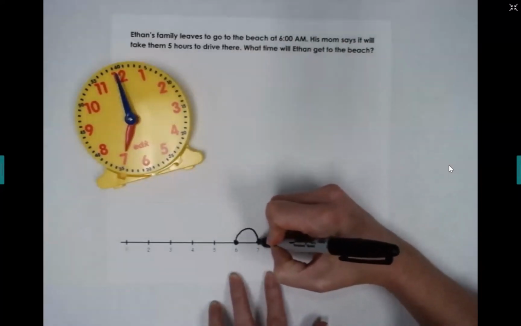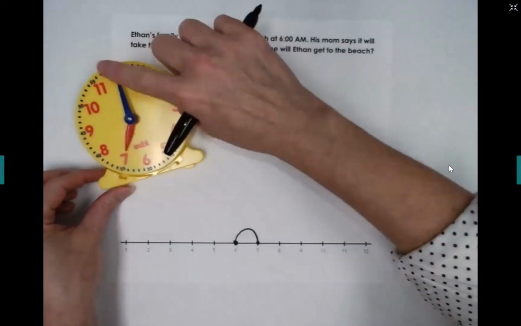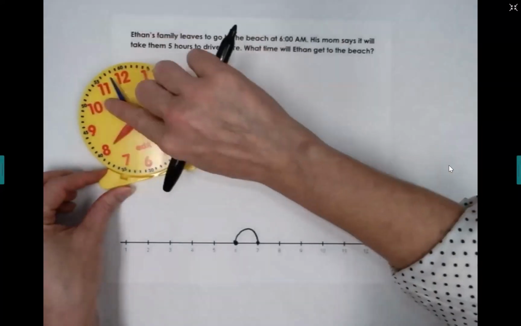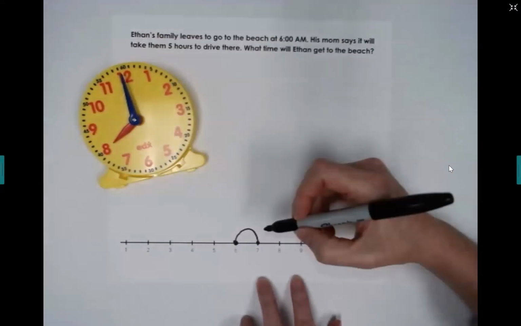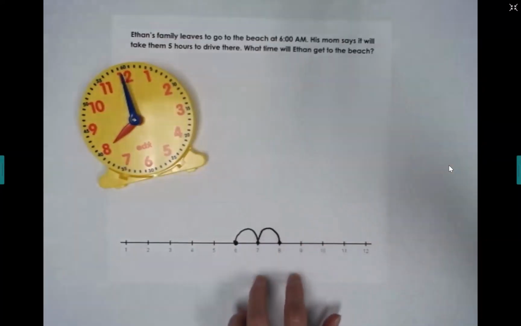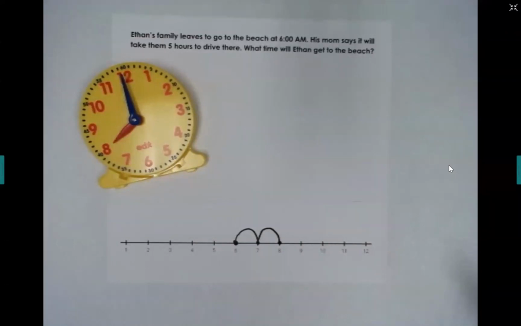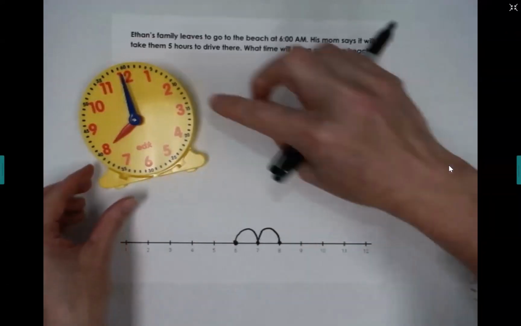I can represent that with 1 hop on my number line. Okay, that was 1 hour. Okay, move it all the way around the clock again. That would be 2 hours have gone by. I can tell the time and read that it's 8 o'clock. And also make another jump on my number line. I've made 2 hops. 2 hours have gone by.